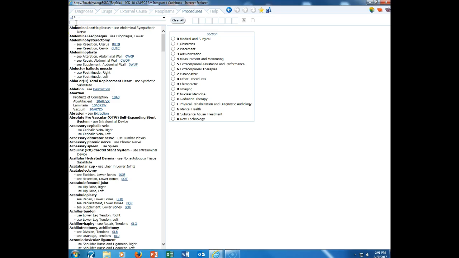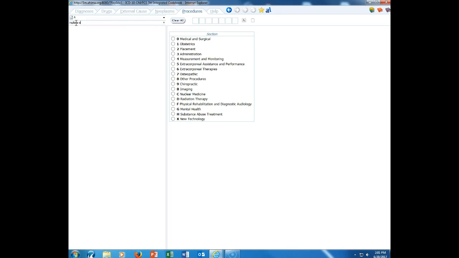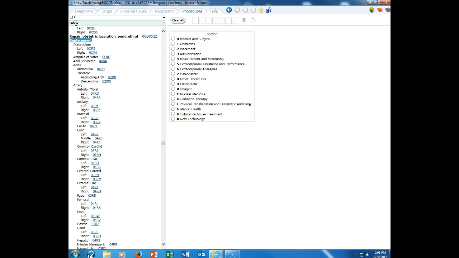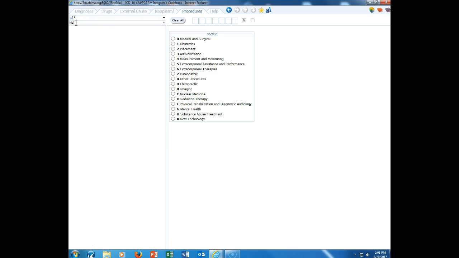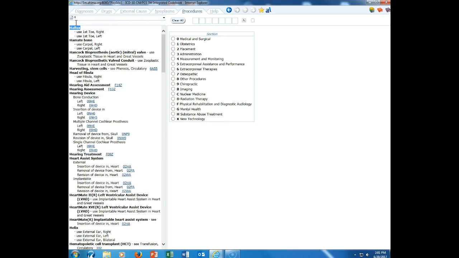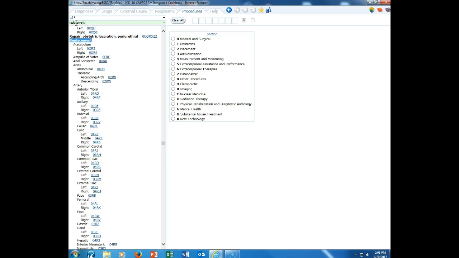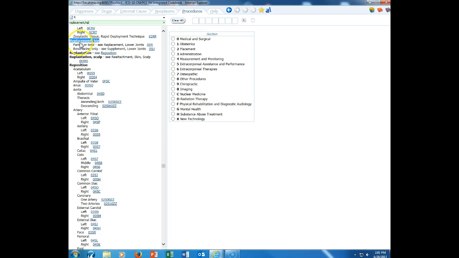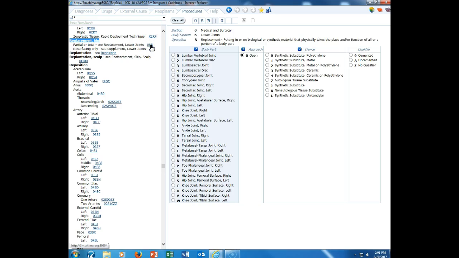Now, this is a replacement of the head of the femur. This is a hip replacement. In the index, I'm going to show you that if I go to hip replacement, it says partial or total, see replacement lower joint, and it sends me to the table of 0SR.